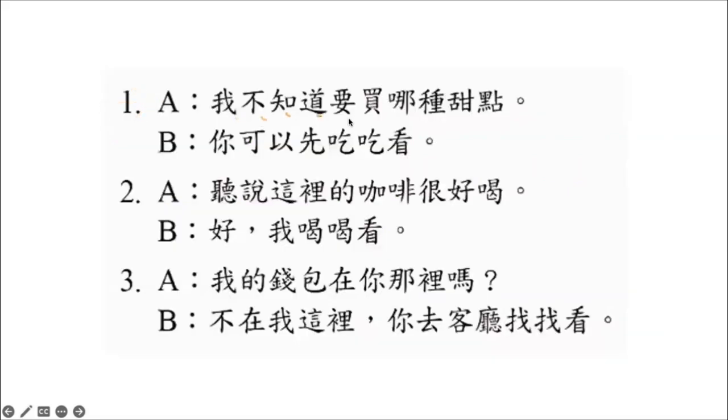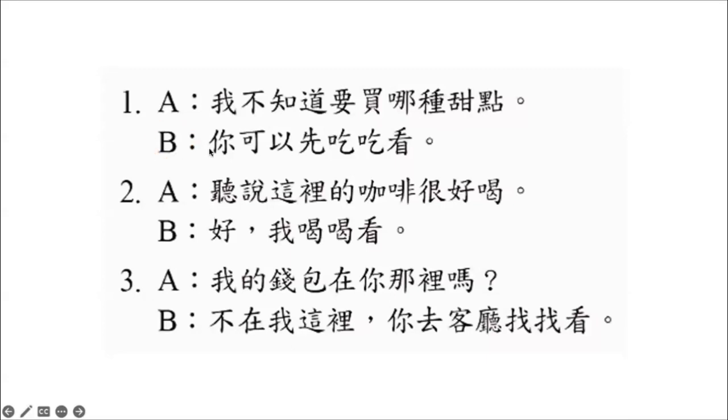我不知道要买哪种甜点。你可以先吃吃看。In this context, I don't know. Why don't I know? Because I have never eaten the 甜点 here in this shop.